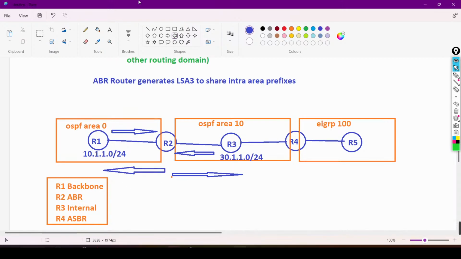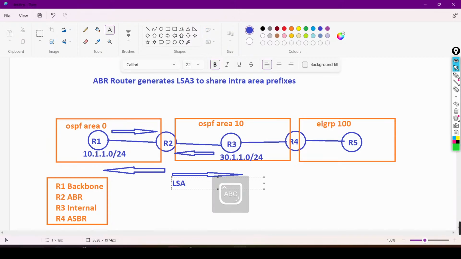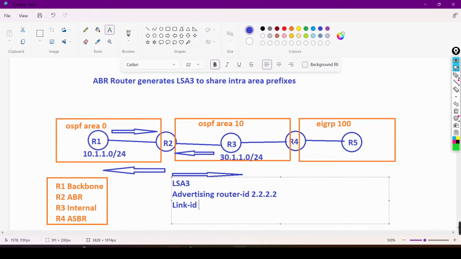Okay. And in the LSA 3, there will be two pieces of information: advertising router ID and link ID. So the advertising router ID will be what? The router ID of the router who is advertising this LSA. So who is advertising this LSA? 2.2.2.2 and then link ID. So in LSA 3, the link ID will be the prefix information.